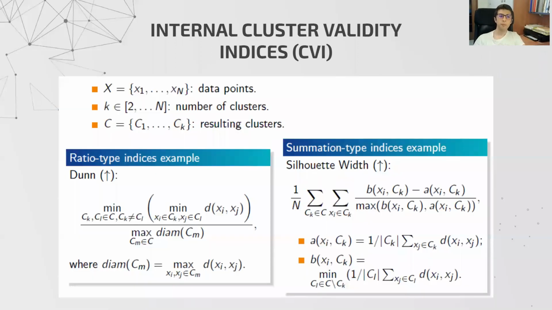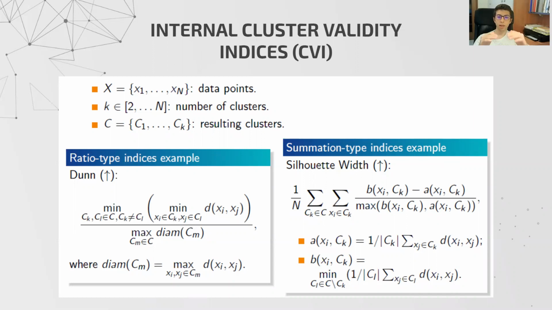And so what are the three approaches to merge these two pieces of information? The first is the ratio type indices. For example, the Dunn index considers these two factors.